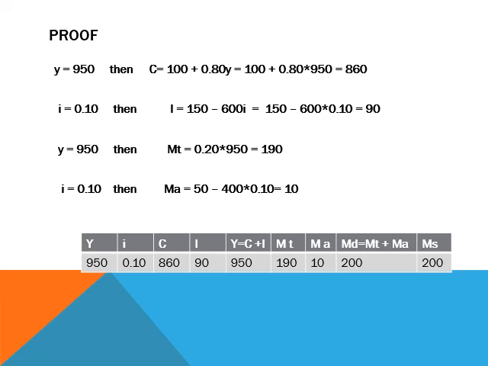We assumed before the vertical axis represents interest rate while the horizontal axis represents Y. So the intersection point between LM and IS should face 0.10 interest rate on the vertical axis and should face the level of income equal to 950 on the horizontal axis.